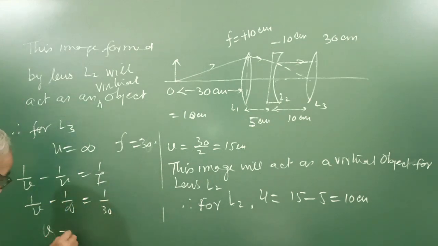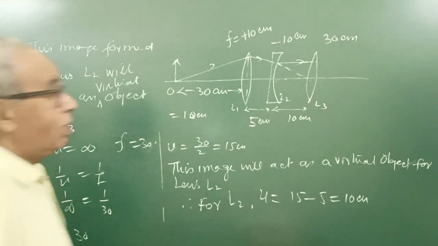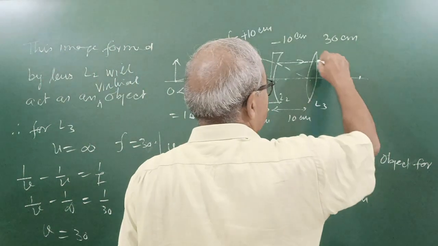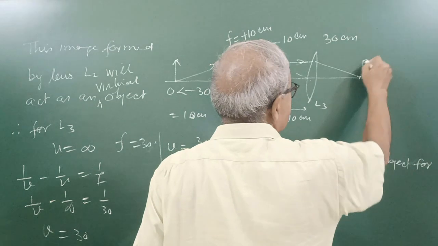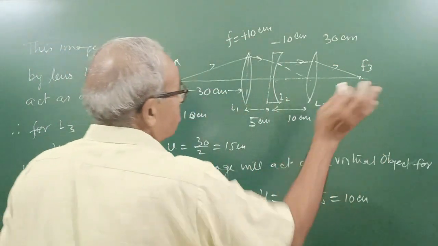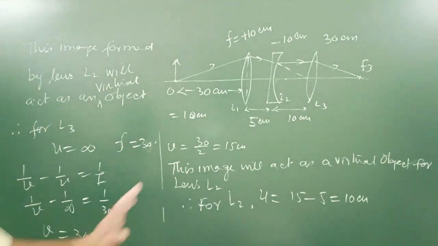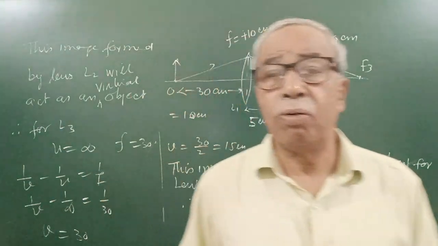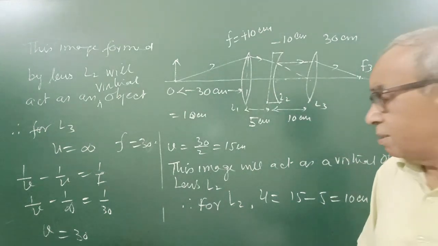So v comes out 30 centimeter, means the image will fall at 30 centimeter on the focus F3. Here you can take the ray this way also. So this image will be on the focus of the third lens.